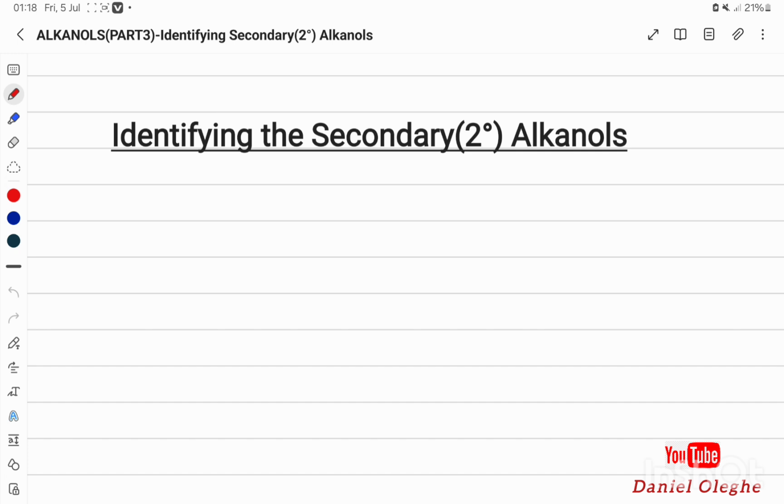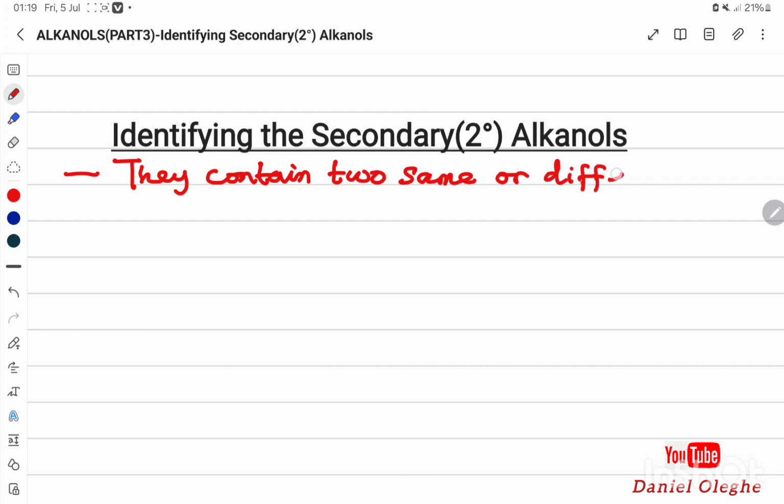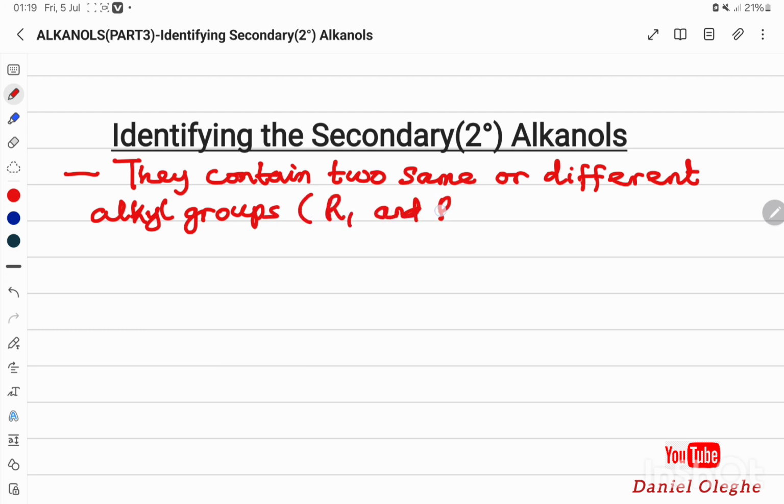So what are secondary alkanols? Secondary alkanols are alkanols that contain two same or different alkyl groups, which I can represent as R1 and R2. They are alkyl groups which may be either the same or different.